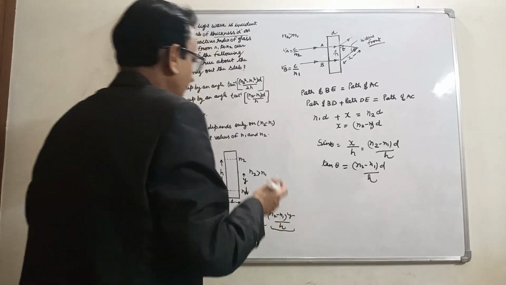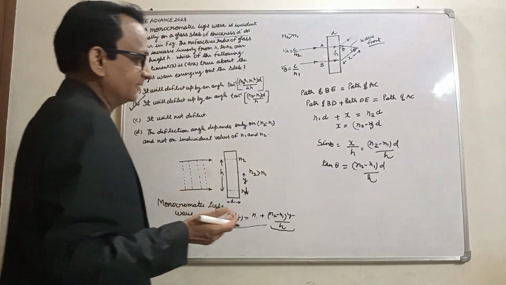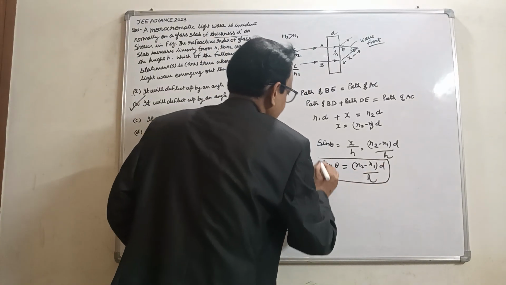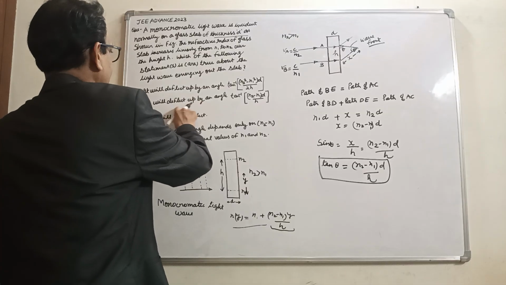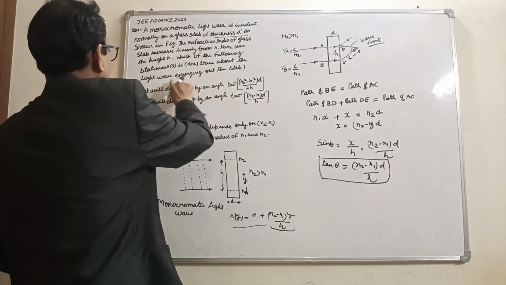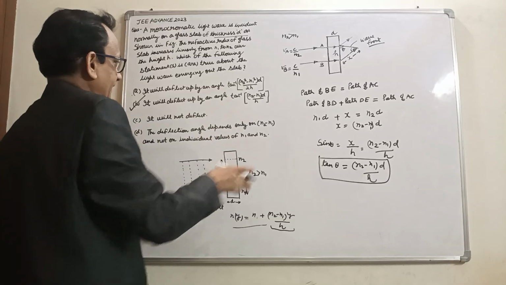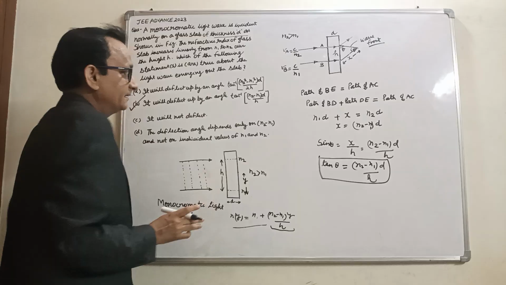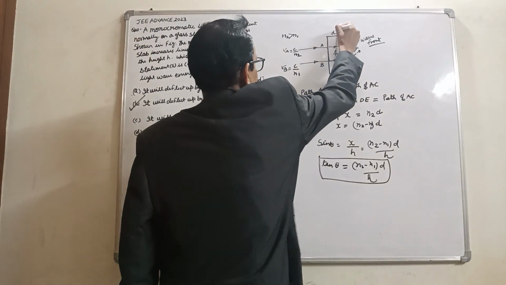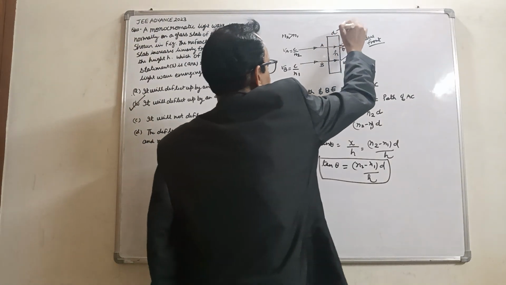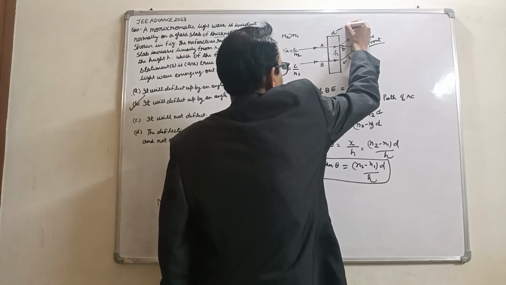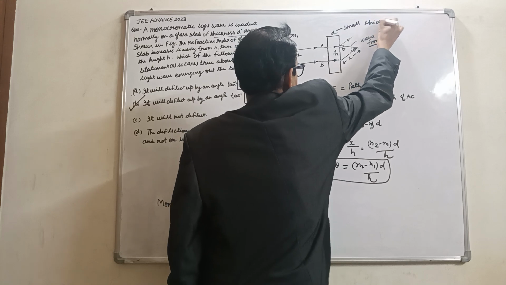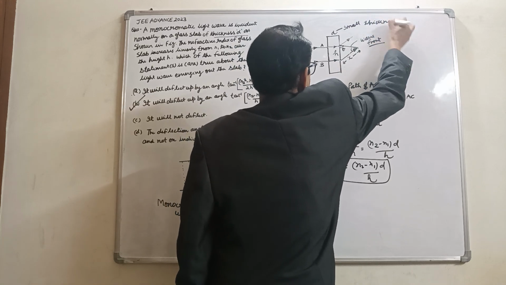So the deflection we find here assumes theta is small and the thickness is small. The very important point is the small thickness. This is valid only when the thickness is small.